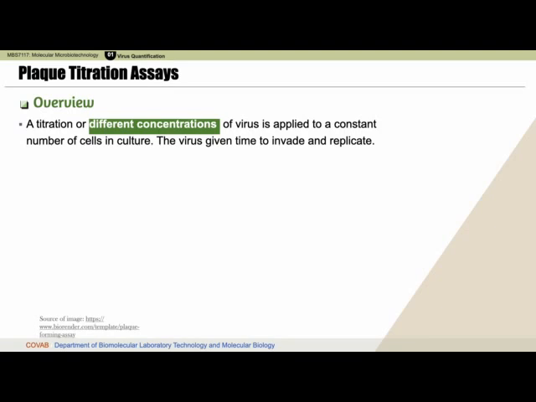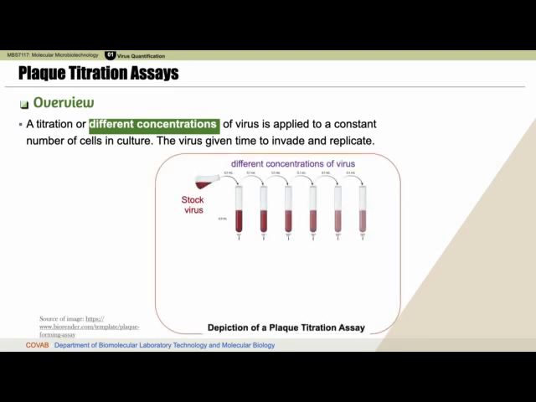Let's depict this in a diagram. We have a stock virus in the conical flask, and now we're going to make different concentrations of the virus. So we are going to titrate the virus into different concentrations.